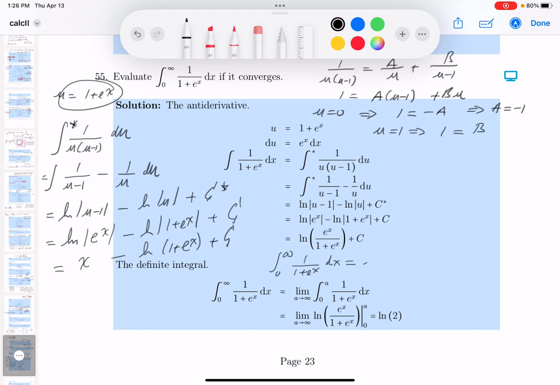This is going to equal the limit as a goes to infinity of this antiderivative over here, which is going to be x minus ln of 1 plus e to the x, and plus c. No, sorry about that, I don't need a c. That would just disappear. What happens now, it's going to go from 0 to a.